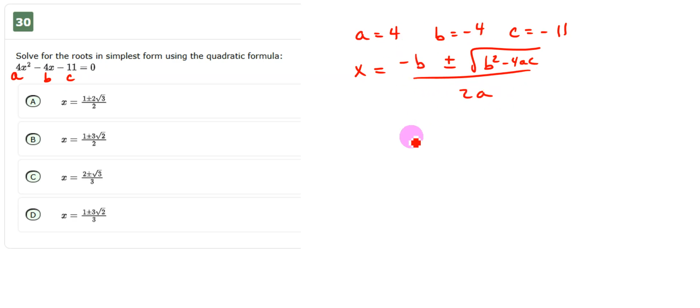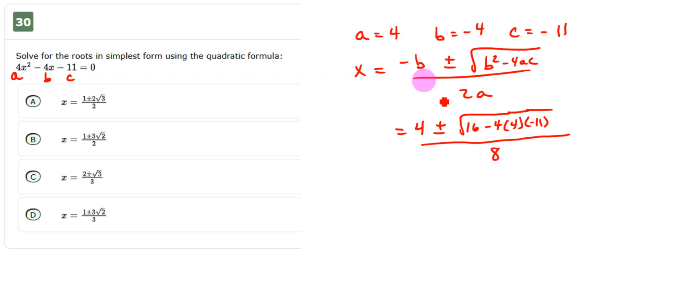Okay, so negative 4 is positive 4. B squared is going to be 16 minus 4 times 4 times negative 11. And all over 8, 2 times 4.